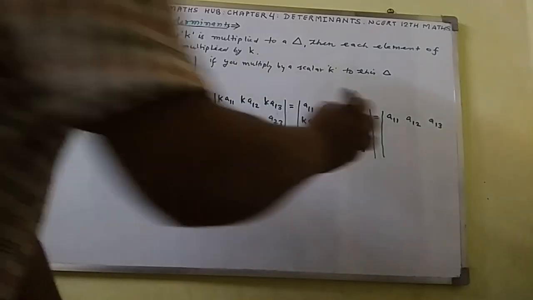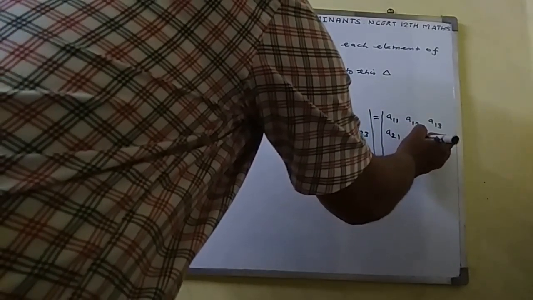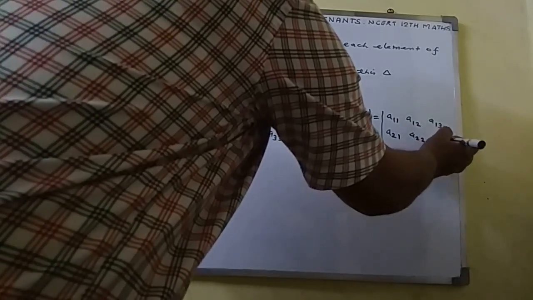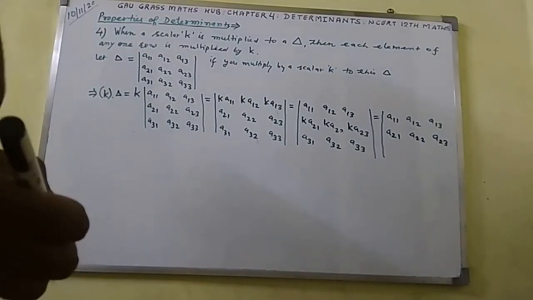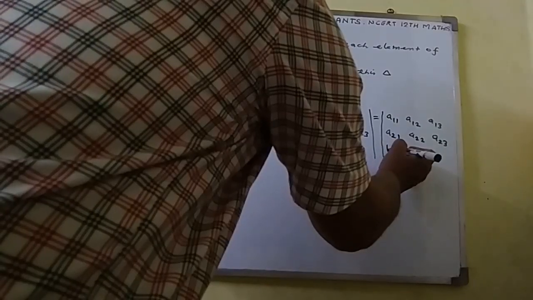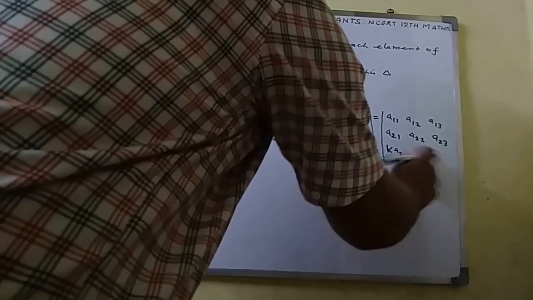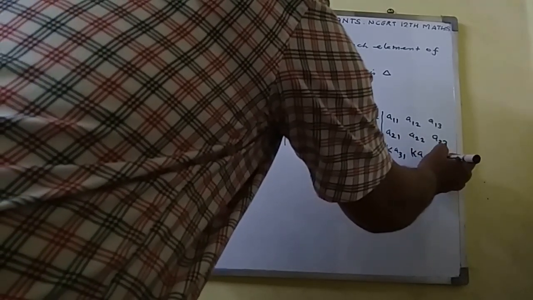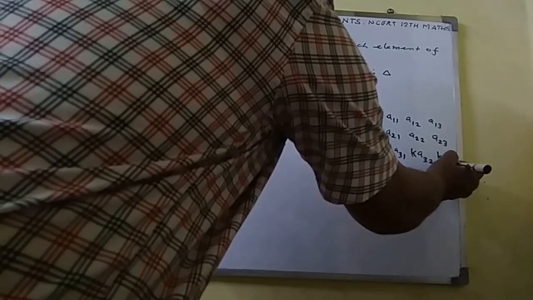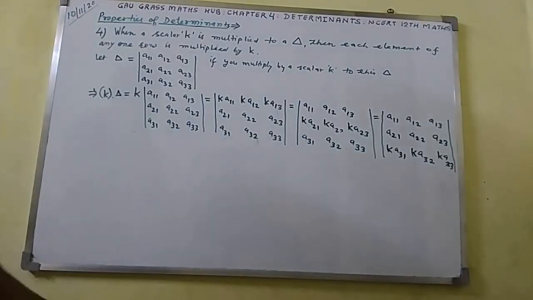So here let us see. Here it will become A21, A22, A23, and k will multiply to each element of third row here. So k will multiply to A31, k is multiplied to A32, k is multiplied to A33. This is the determinant you have got.